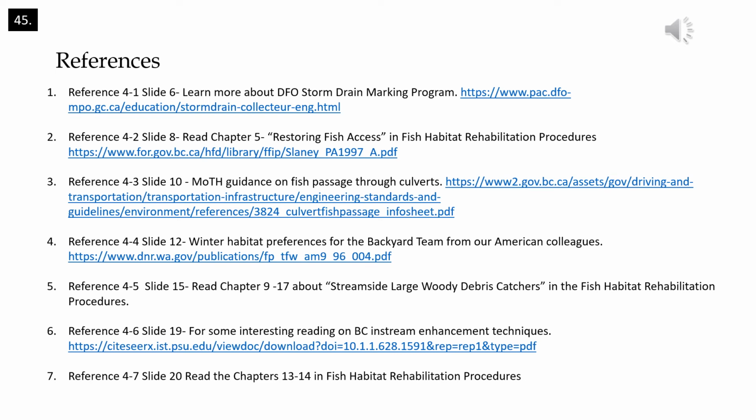Reference 5, Chapter 9-17 in the Fish Habitat Rehabilitation Procedures Manual, Streamside large woody debris catchers. Reference 6 for some interesting reading on BC in-stream enhancement techniques. And reference 7, read the chapters 13 and 14 in Fish Habitat Rehabilitation Procedures.